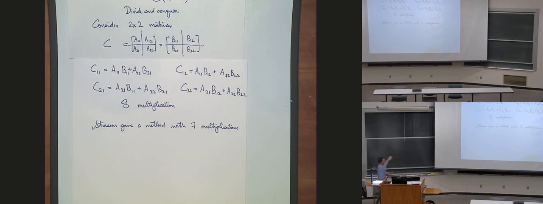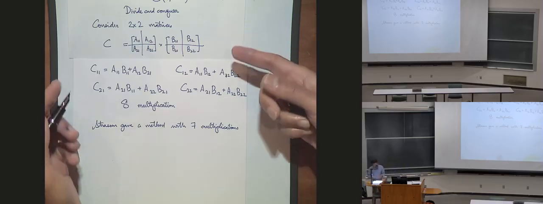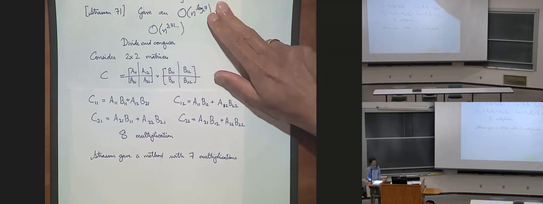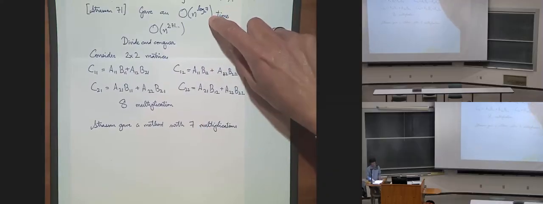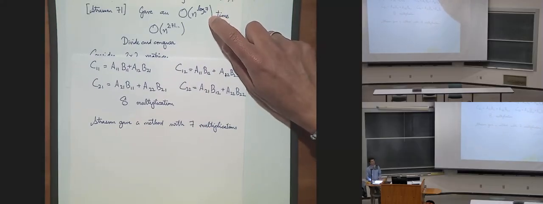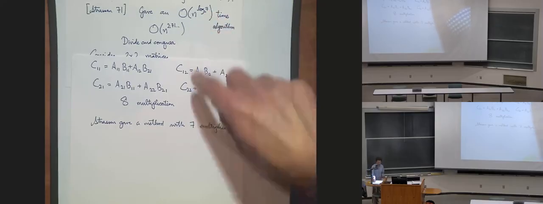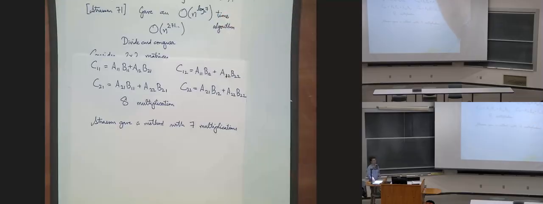There are a bunch of strange expressions that he came up with, but he said you only need to do 7 multiplications and you can essentially get the matrix product. And once you follow all that, the 7 that you see here is exactly the 7 over there. If you'd put 8, then you just get n cubed. And with 7 multiplications and divide and conquer, you get this running time.